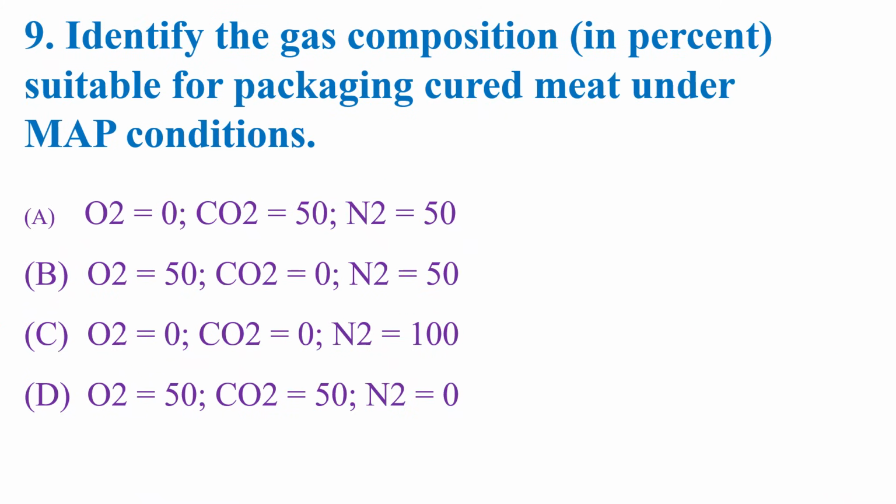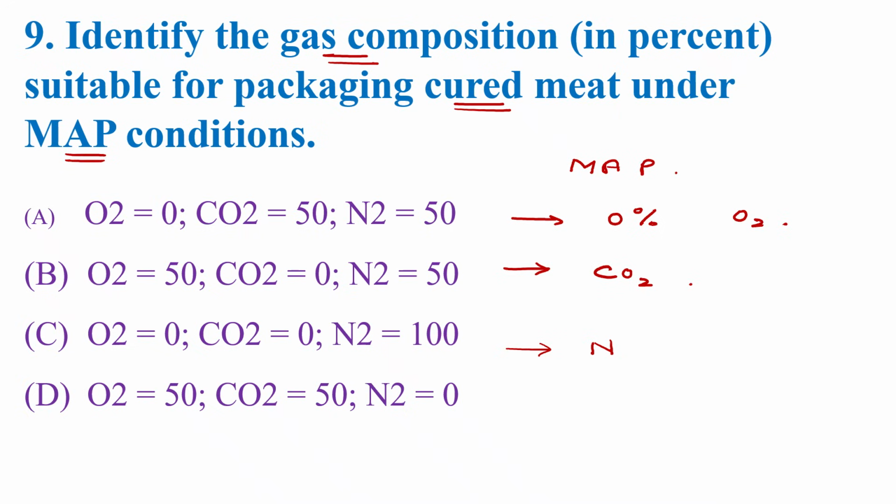Question number 9, we have to identify the gas composition in percentage which is suitable for packaging cured meat under modified atmospheric packaging conditions. So under MAP conditions, we need 0% of oxygen. We need 0% of oxygen because it prevents oxidation, discoloration of the cured meat. Next, carbon dioxide percentage should be there because this will help in inhibition of the microbial growths.